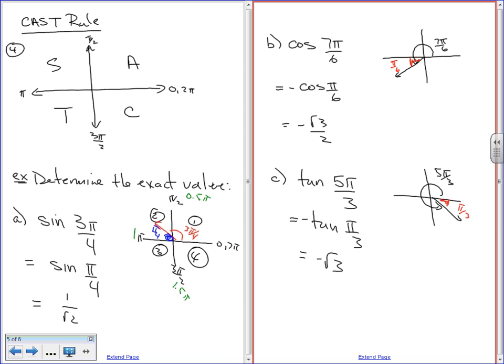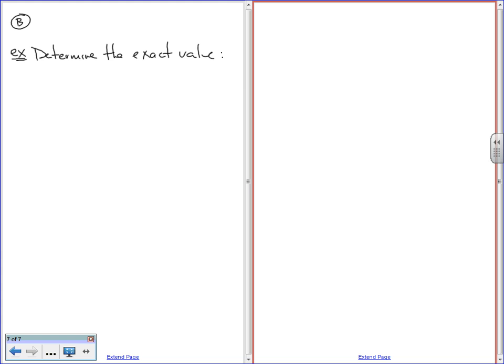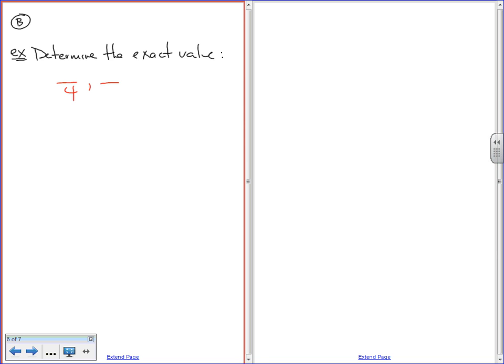We can always figure out the related angle, use the cast rule, and figure out the answer. So any single fraction that has a 4 underneath, a 6, or a 3, and I don't care what's on the top, because I can always figure out the related angles.